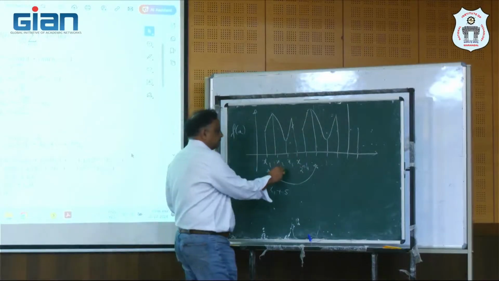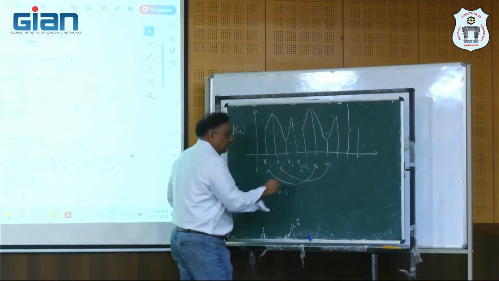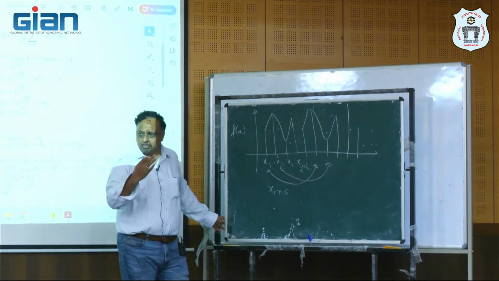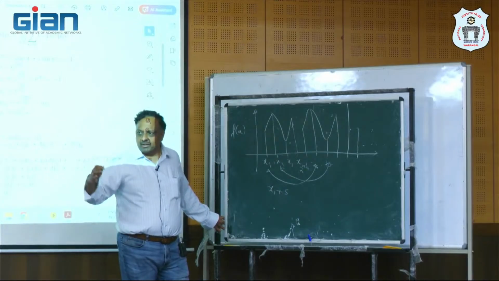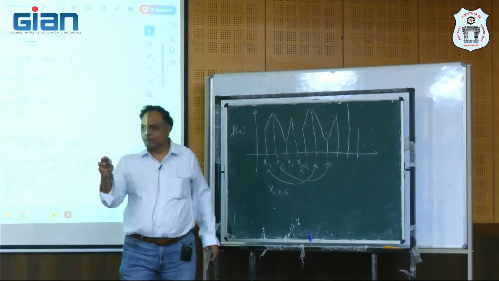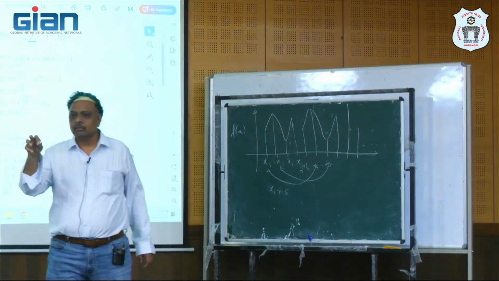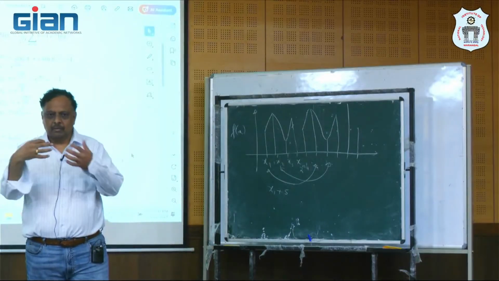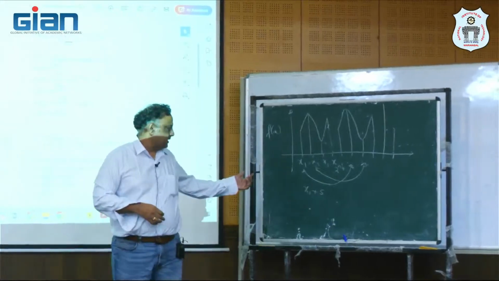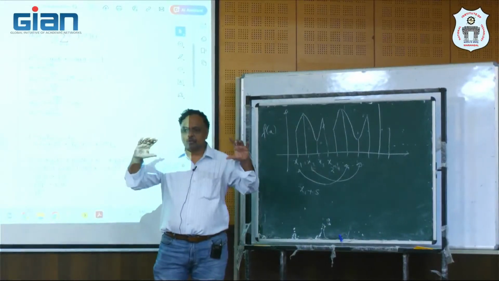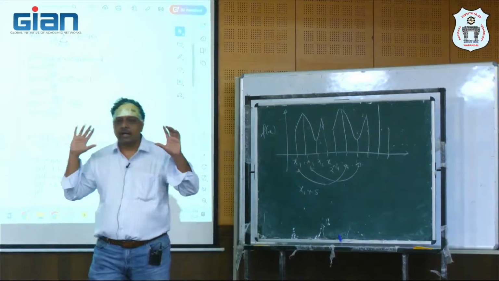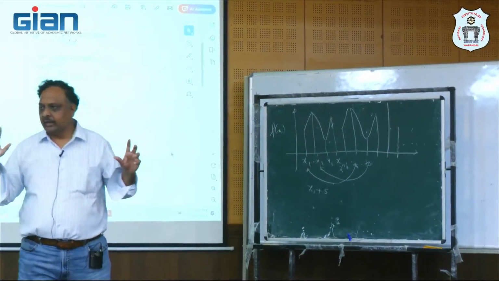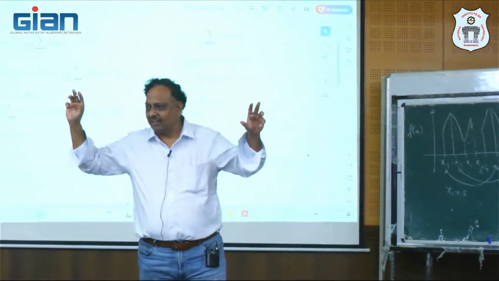Same thing here: plus s, the function value repeats, but the addition is bitwise. When we add x and s, these are n bit strings, so it is bitwise addition modulo 2. That is the definition of addition there.